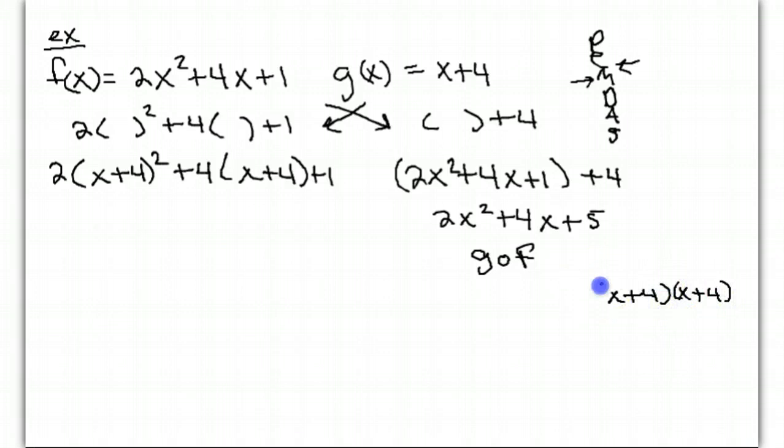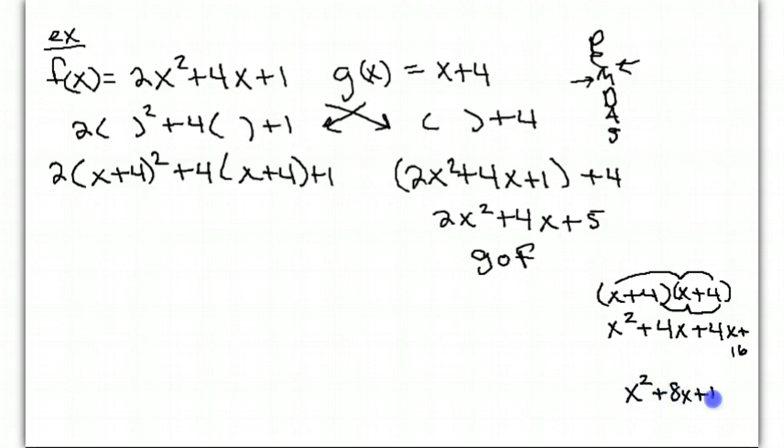So the way you do that is you have to double bunny hop it. When you do the x through, you get x squared plus 4x, and then you take the 4 and multiply it through, so that gives you another 4x plus 16. And when you add all of that up, this gives x squared plus 8x plus 16. And so that's what this replaces.